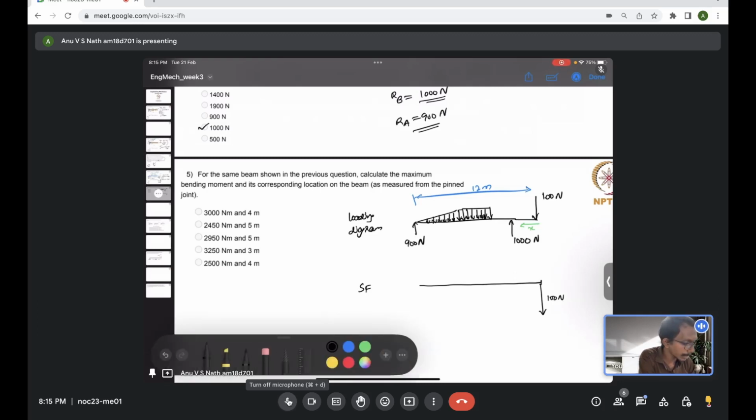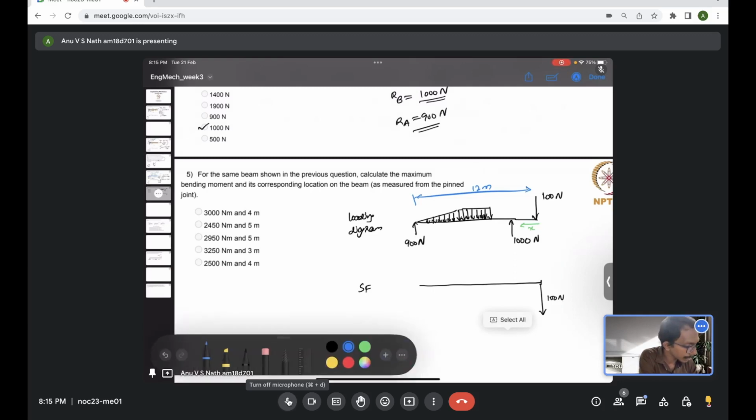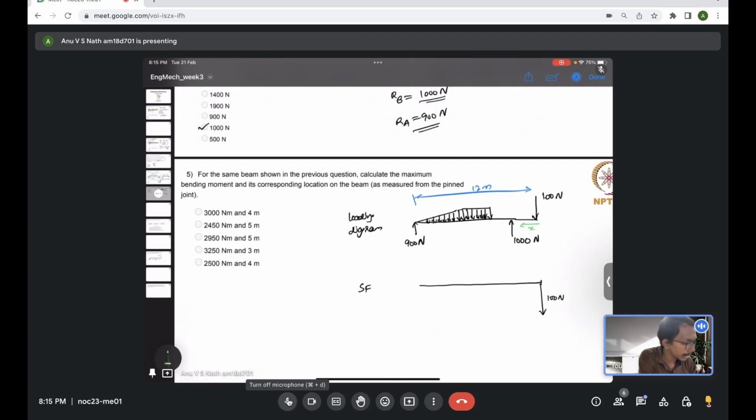If we now consider a section at this particular location, let's say xx, you have to consider either the right or left of that section and add all the forces on that side. I am only considering the right hand side, and you can see on the right hand side only 100 Newton is acting. So the shear force at xx will be 100 Newton downwards.